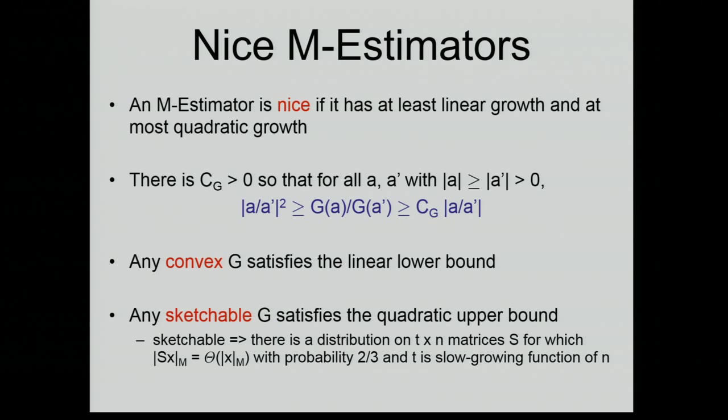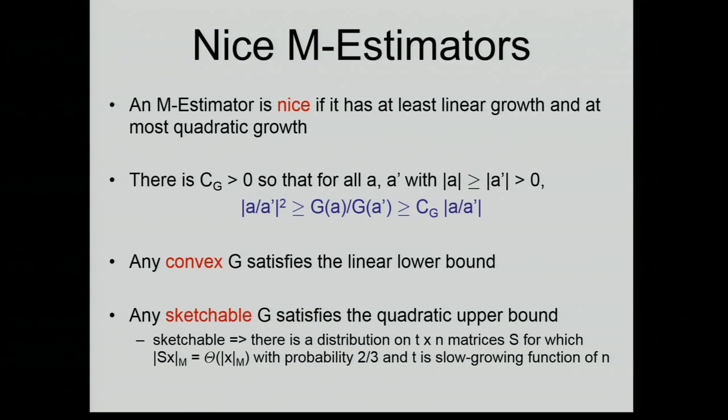We're compressing it, and we want the M norm to be preserved up to a constant factor. And it's known that if g is growing larger than quadratically, then t depends very heavily on n. For instance, if it grows as the third power, then for any such distribution S, t needs to be at least n to the 1/3, which is often prohibitive.